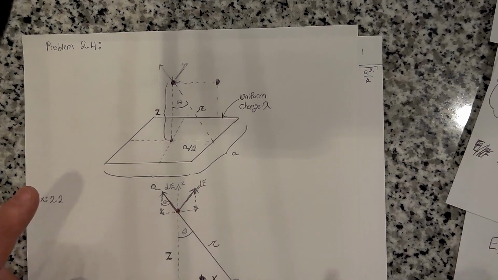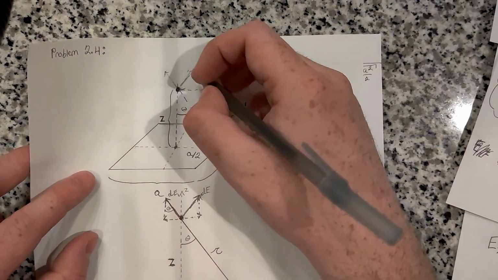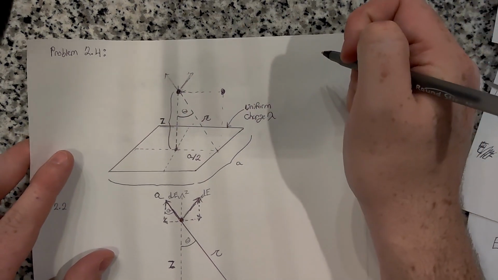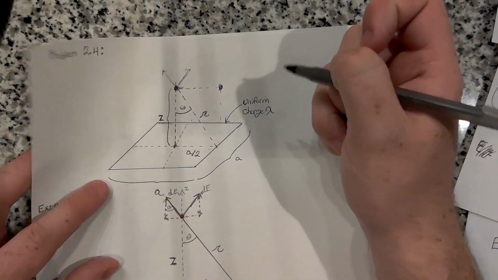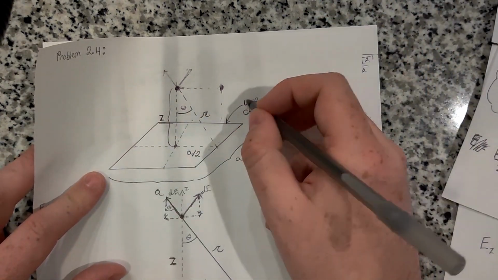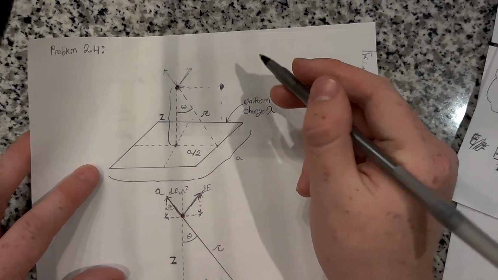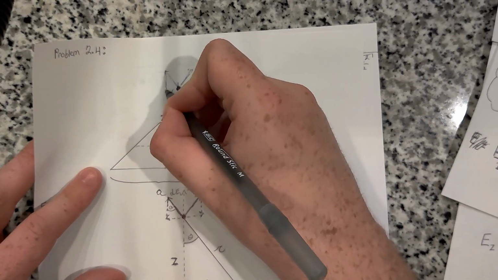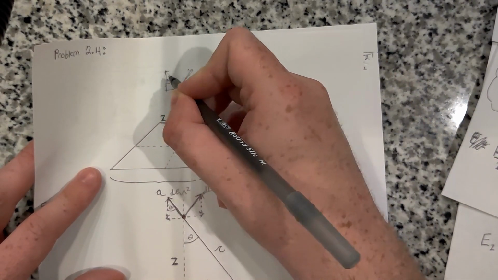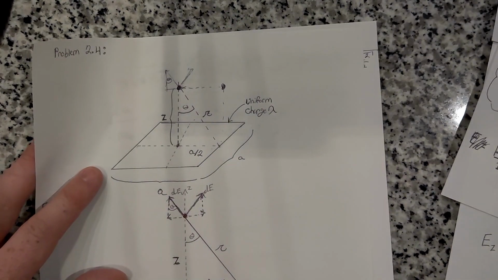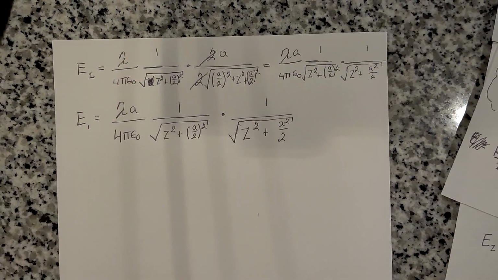So really what we care about is the vertical component of the field. That's the only thing that contributes to the electric field in this problem. So we multiply by 4 to account for all 4 sides, and we multiply by cosine of theta because the vertical component is the electric field times cosine of theta.